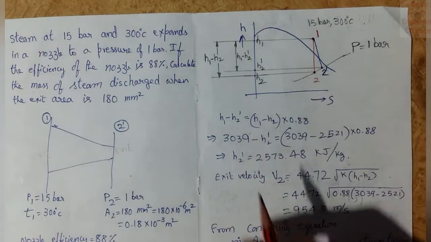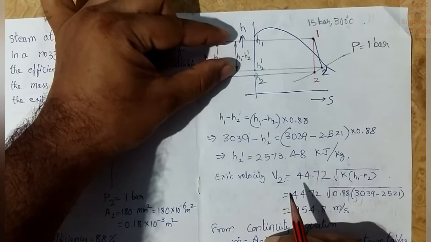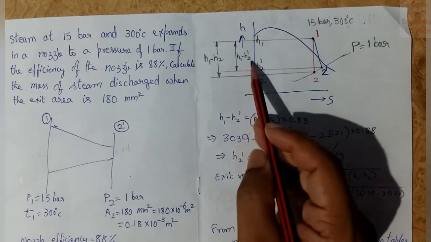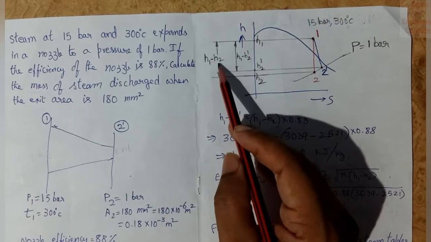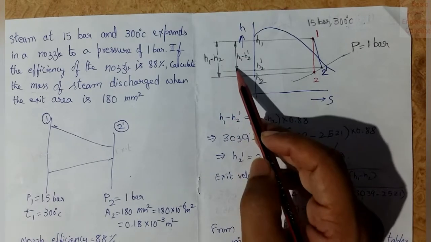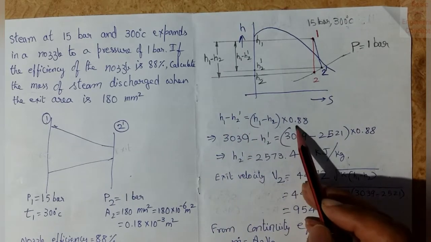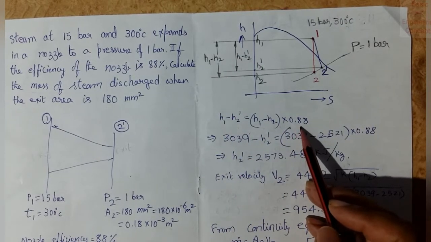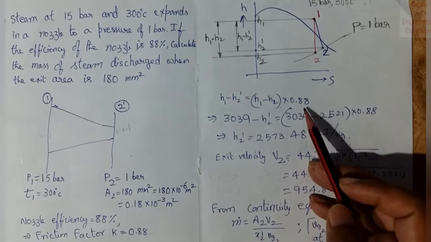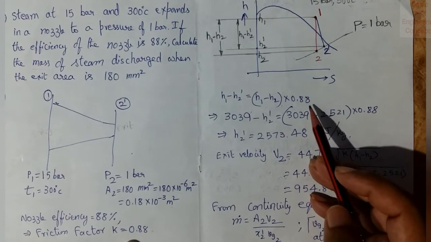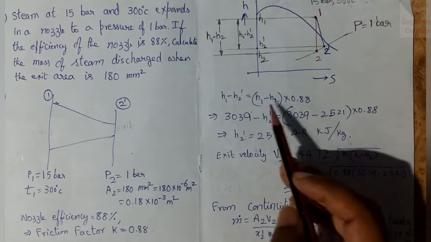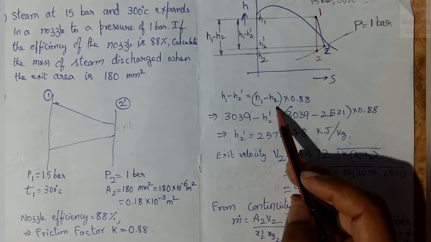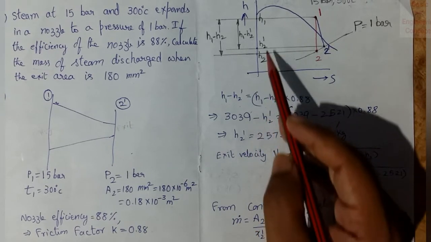So the relation is h1 minus h2 dash is equal to K times h1 minus h2, where 0.88 is K. This is the formula, and from this you will calculate h2 dash.